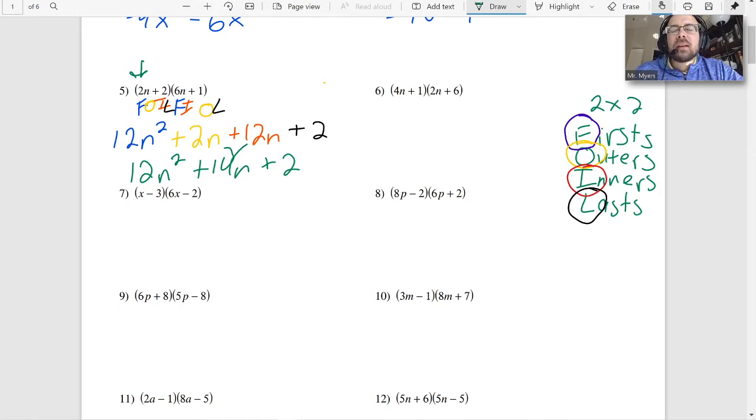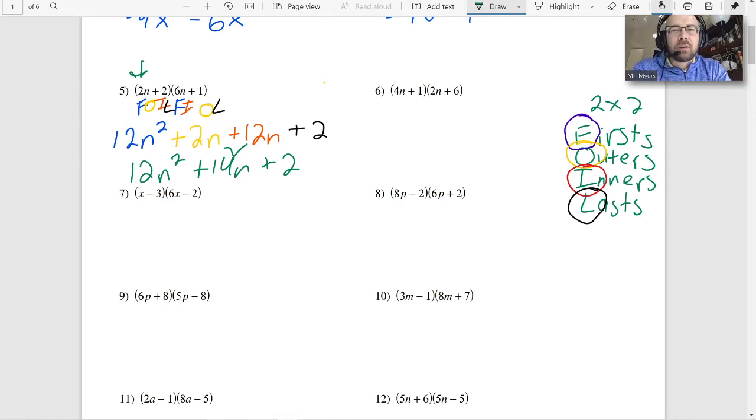But that's all I'm doing: taking each thing in the leftmost parentheses, focusing on one thing at a time, and distributing it into the second parentheses. Okay? So that's the more intuitive, more holistic way to think about distributing, because that's really what it's going to come down to later on.